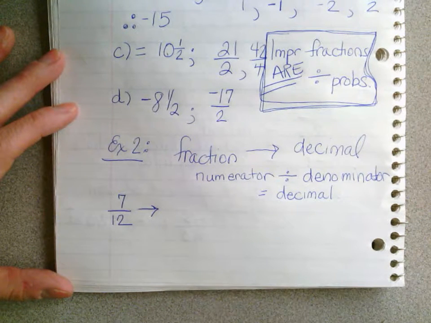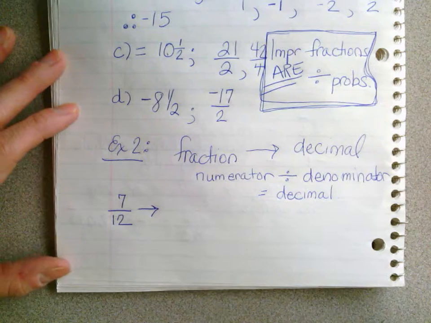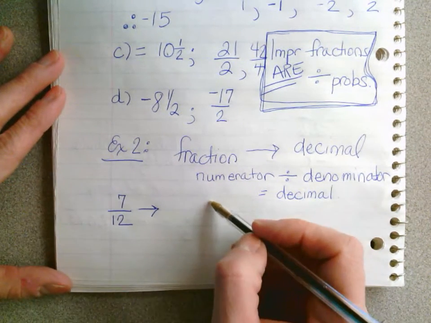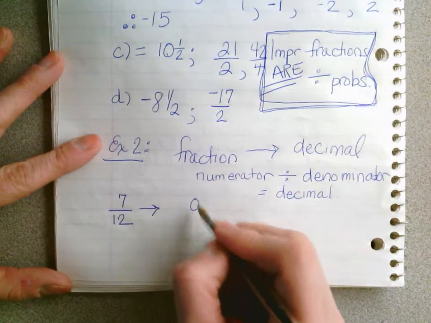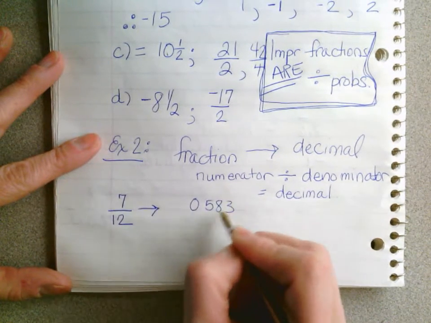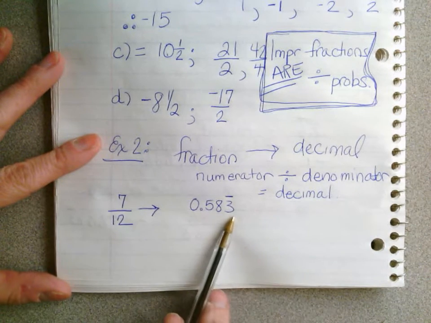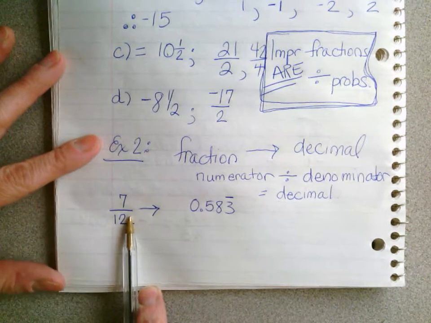No calculator? I have it. No worries. 7 divided by 12. Good. That bar is called a repetend. Very good. He's right. This is the decimal equivalent for 7/12.